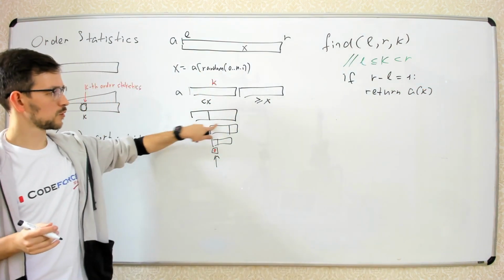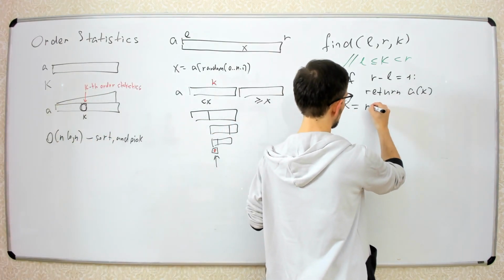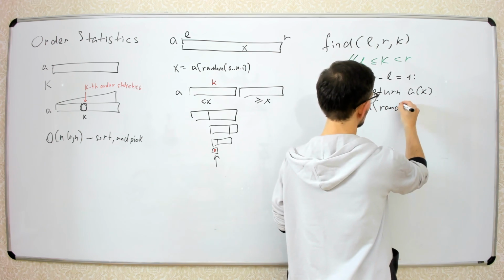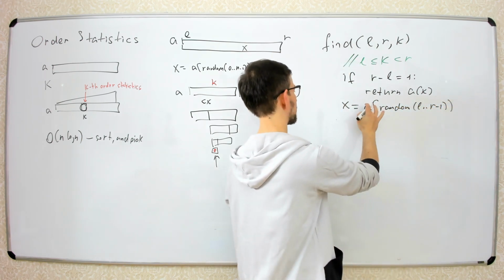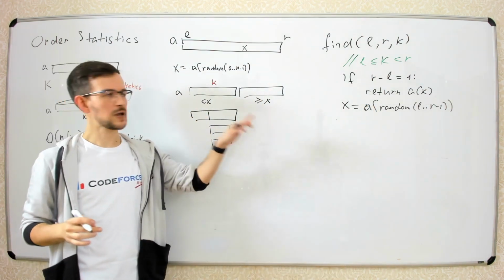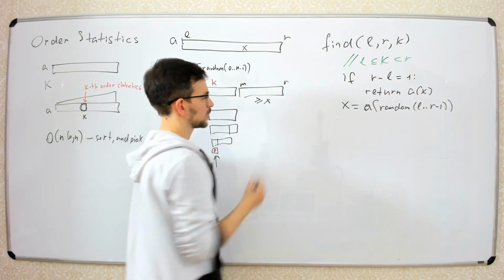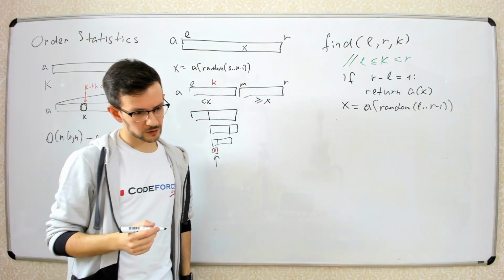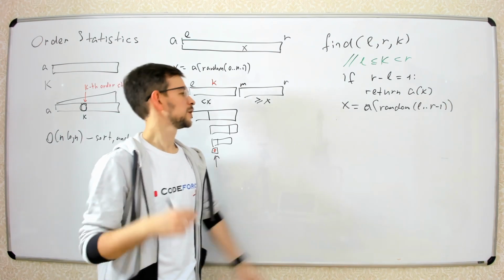If it is more than 1, we will split this array. So we say X is the random element. Now again, we do the same. We make this split, so we split elements from L to M, and M to R. Let's do it again.